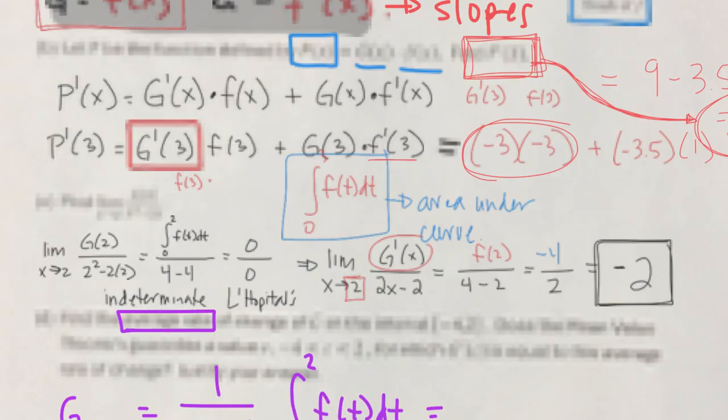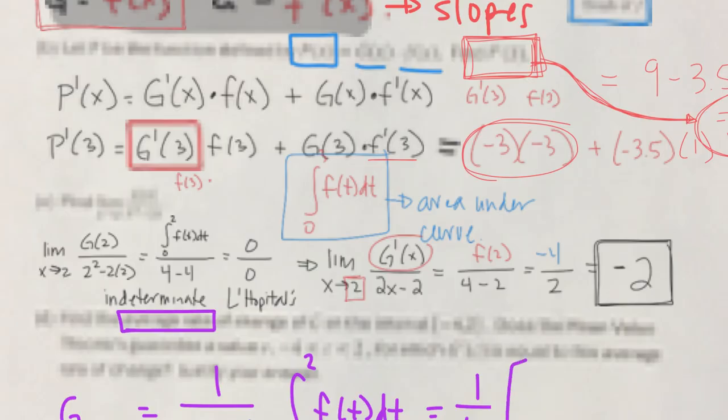Right, that is our average rate of change formula. Okay, so we're looking at 1 over 2 minus negative 4, which is 1/6, times F of 2 minus F of negative 4. Big F, right? These are big F since they're antiderivatives.